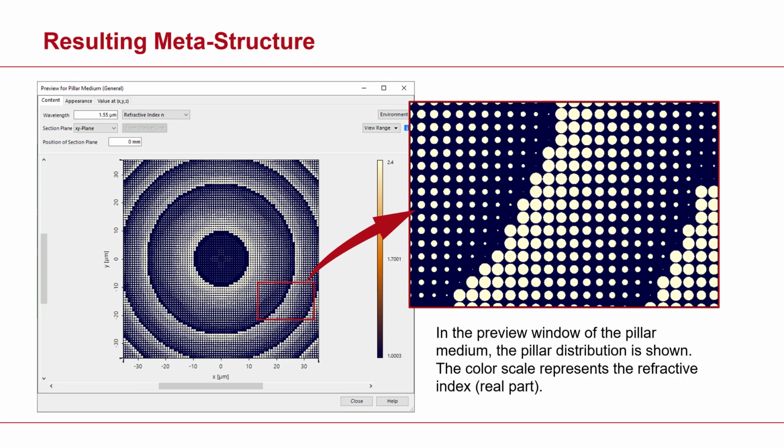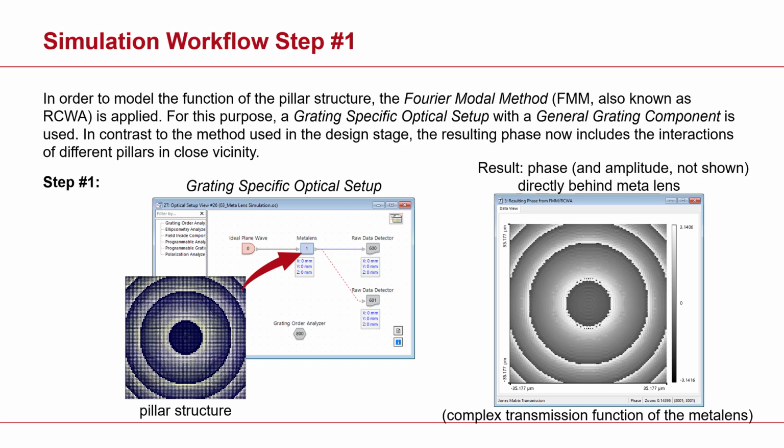And we can take a look at that distribution of the pillars, and we can see how that pillar distribution mimics the behavior of that phase response, that wavefront phase response function that we want to elicit. So we can make out a similar structure, which is to be expected because of the way in which we constructed this pillar distribution using a mapping from the phase we wanted to the pillar diameter. So we also see a mapping in the pillar distribution itself.